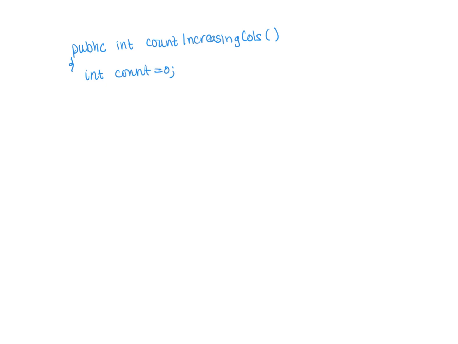We're going to do a column major traversal. So grid[0].length. So each time we start a column, we're going to set our Boolean equal to true.